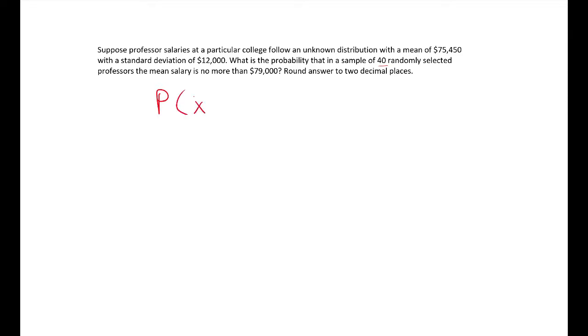So we need to figure out the probability that our sample mean salary is no more than $79,000. No more means less than or equal to, but less than is fine. So X bar is less than 79,000.